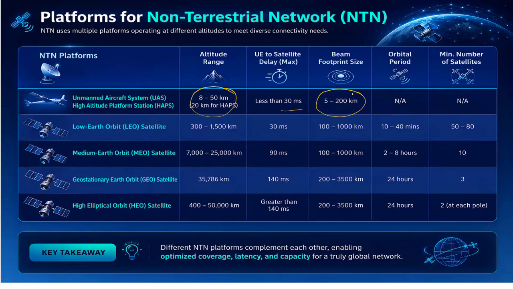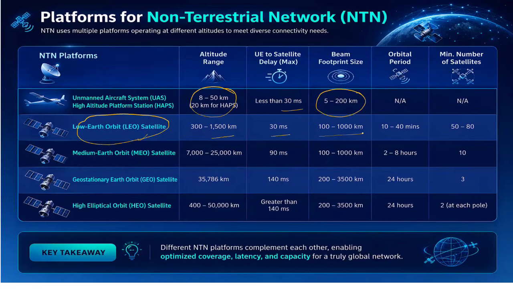Next is LEO, which is low Earth orbit. This is one of the most widely used NTN layers as of today. Their altitude is between 300 to 1500 kilometers and their latency is around 30 ms, not much higher than HAPS. Their footprint size is very large, around 1000 kilometers.